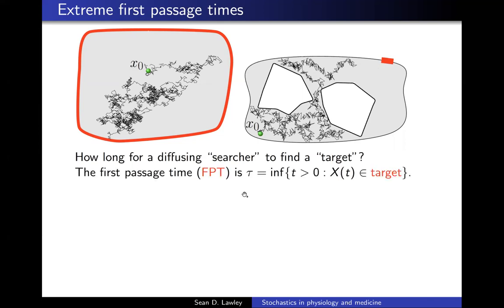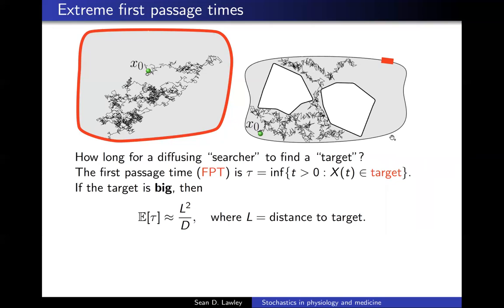You can formulate this mathematically in terms of what we call the first passage time, FPT. Tau is the infimum of all times such that X of t, the random position of the searcher in this diffusion process, is in the target. There's lots and lots of work on first passage times, trying to understand timescales in these problems.